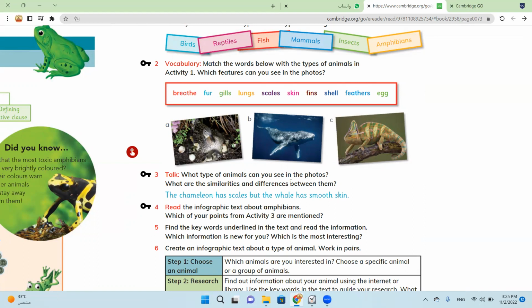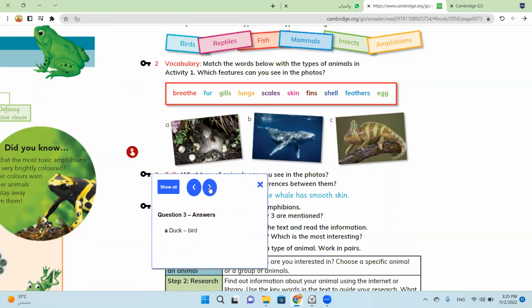What are the similarities and differences between them? In A, we have a duck, which is a type of bird. The whale belongs to the mammal type.